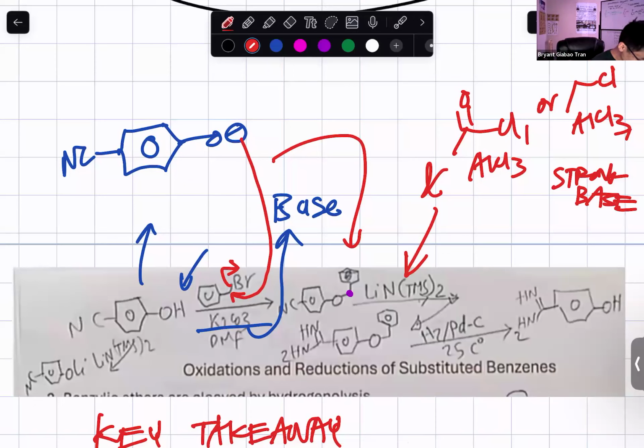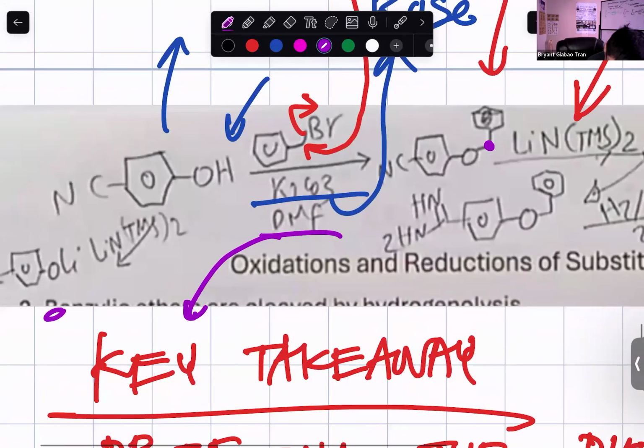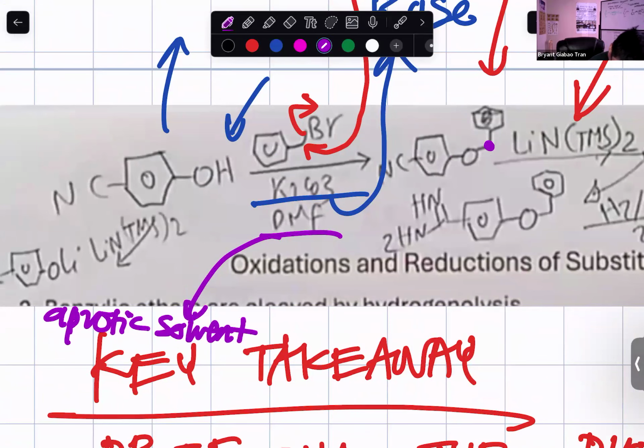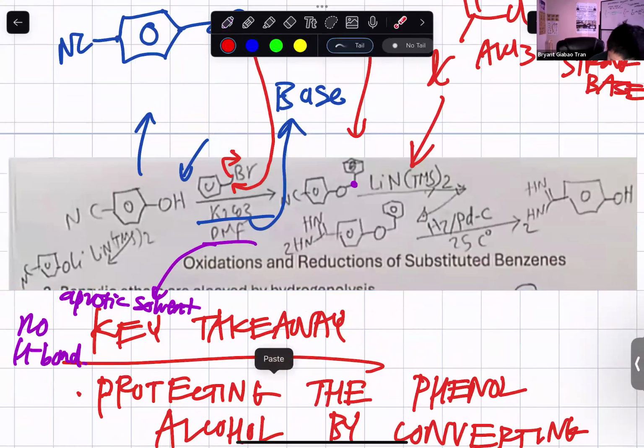Right. Let's see here, chapter 22. Can you tell me what DMF does again, if that's okay? Yeah. DMF is, when you see those 3 letters, think of that as an aprotic solvent. Right. An aprotic solvent that has no H bonds, and that would not interrupt the reaction. So it will not do anything in the reaction.